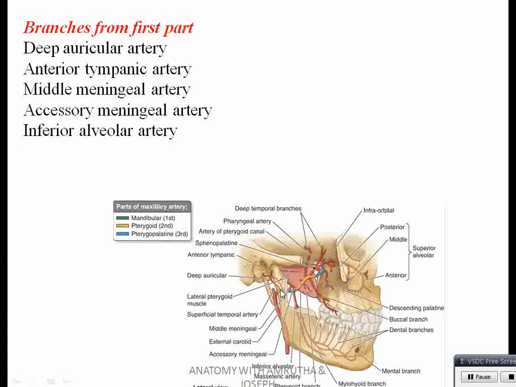The first part gives deep auricular artery, anterior tympanic artery, middle meningeal artery, accessory meningeal artery, a small branch, and inferior alveolar artery. So these are the branches of the first part.